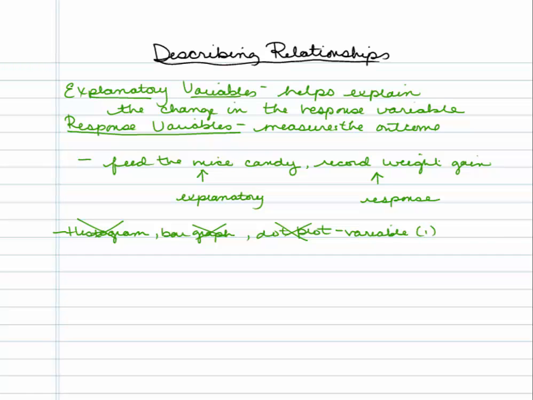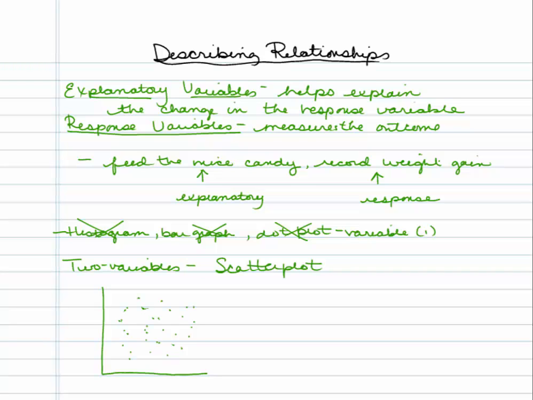These ones that we're going to be doing from now on, or for this chapter, are going to be two variables. They might be dependent on each other, but the way that we're going to be measuring two variables or looking at them is with a scatter plot. And if you've looked at a scatter plot before, there's a few different ways where you can look at it. Sometimes the dots will be all over the place, and there won't really be any type of correlation or any type of relationship that we can say.